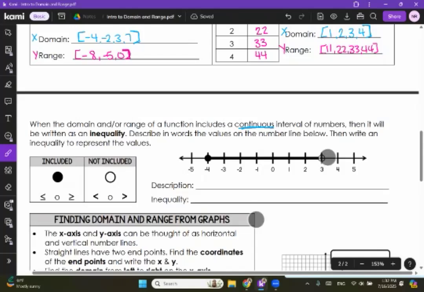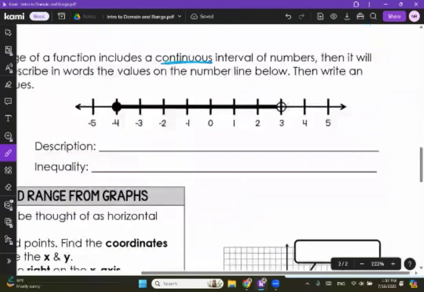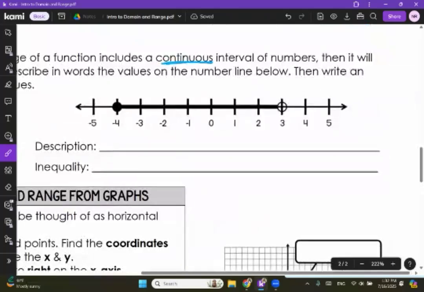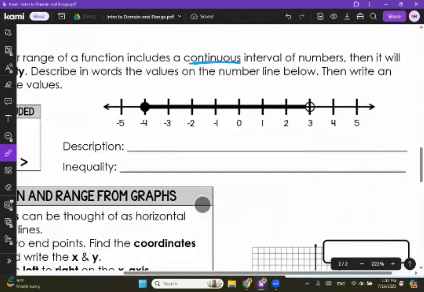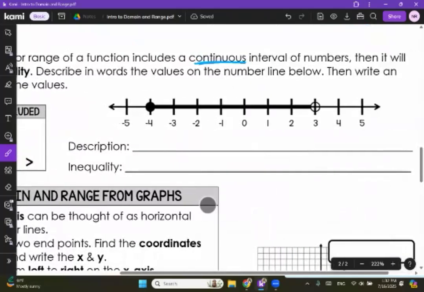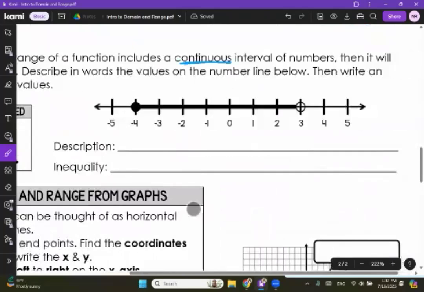So if we're talking about the description of this number line specifically, you would say that x is, you want the numbers to be -4 or higher, right?